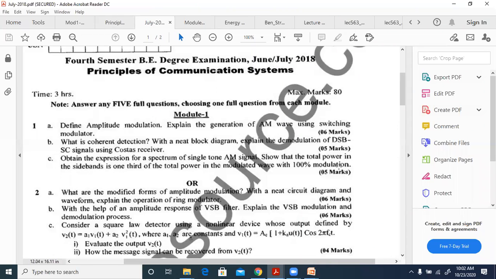We know that the total power will be Pc(1 + μ²/2). Only in the side bands it will be (μ²/2)Pc. So (μ²/2)Pc divided by (1 + μ²/2)Pc is what we will get.